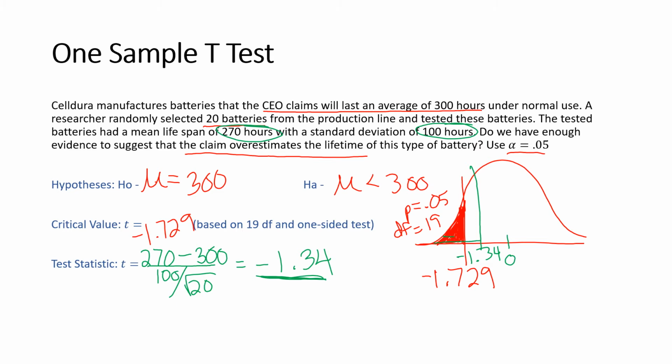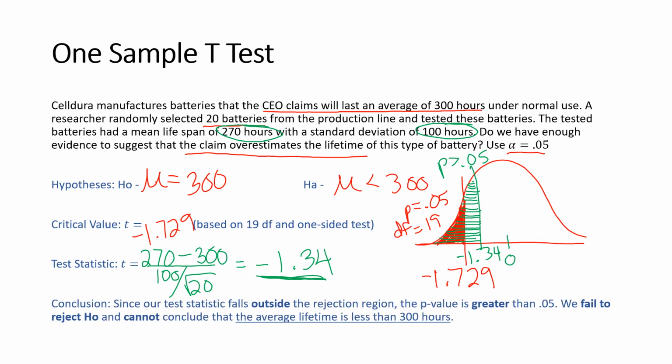If I shade down in green, and I want to know the probability of this entire section here, if the red part is exactly 0.05, then I know the green part is going to be more than 0.05 because the area in green is larger than the area in red. So if the red section represents a probability of 0.05, then I know that green section is going to be even more than that.